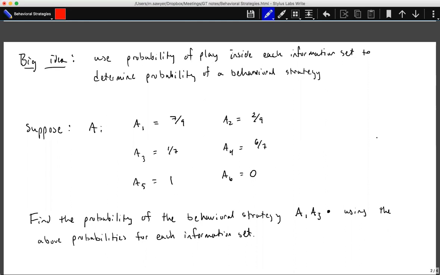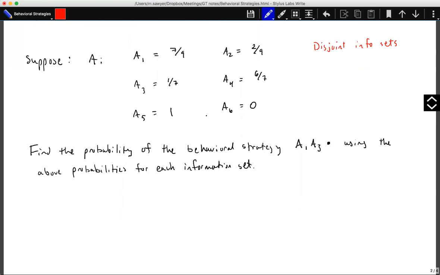So suppose we know that player A chooses move A1 7/9 of the time and A2 2/9 of the time. These are disjoint information sets, which means that the probability of playing in one information set does not affect the probability of a move in another information set. So since the information sets are disjoint, when we look at them, we can multiply their probabilities together.